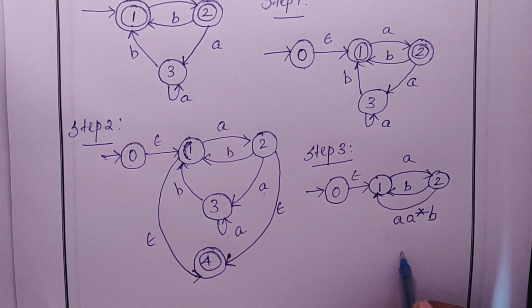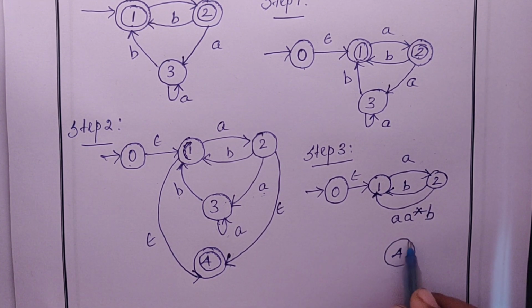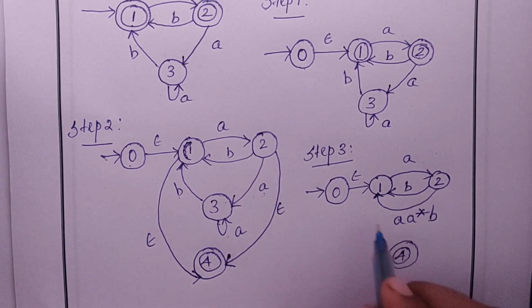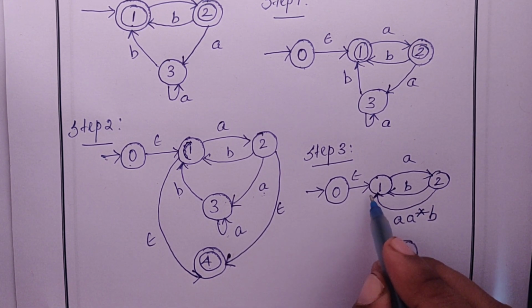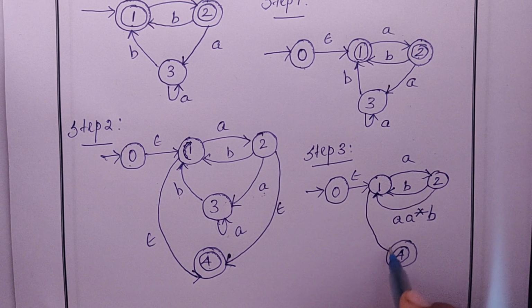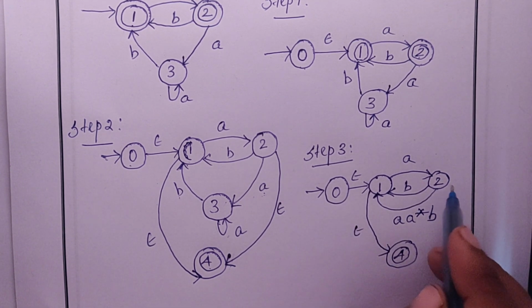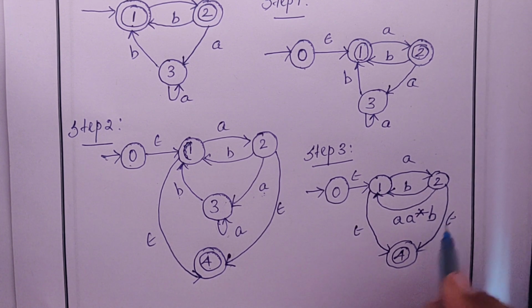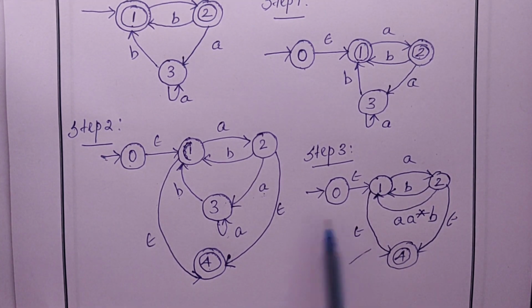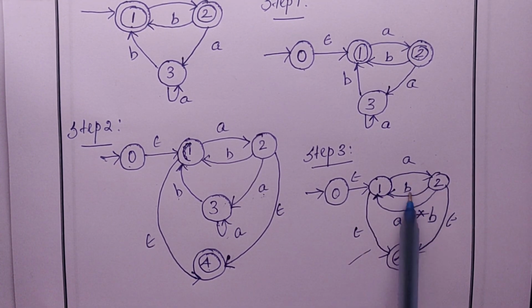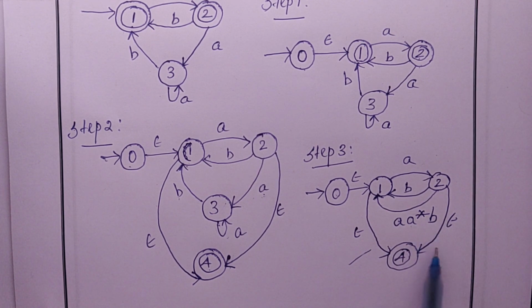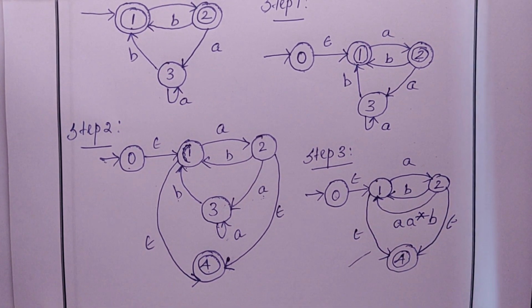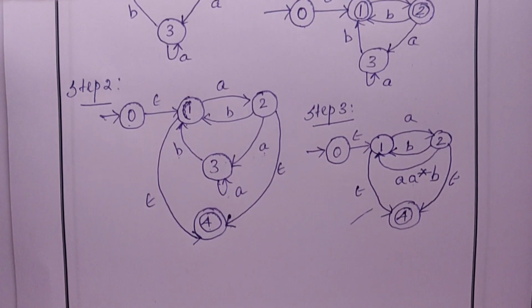So it is 4 here, and epsilon here also. I have written everything. Epsilon, A, B, it is A star, B. Right? This is my step 3.